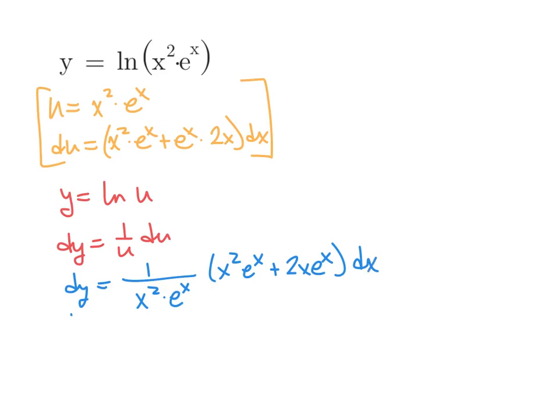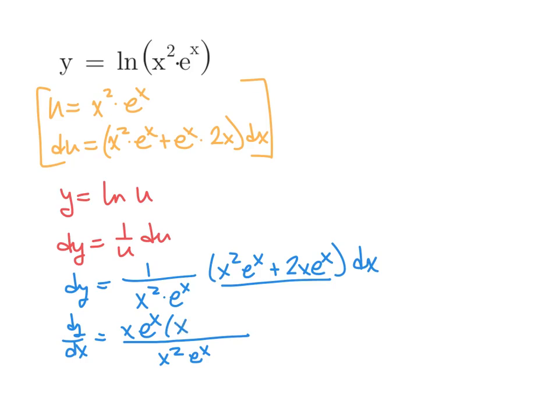Now, when we divide by that dx to find our derivative, there is a little bit of simplifying that can happen. For instance, since I'm taking a fraction times this x squared e to the x plus 2x e to the x, that's going to become the numerator. And so I'm going to write that as a single fraction with the x squared e to the x in the denominator. And I'm also going to factor out any common factors I have, like the x and the e to the x.